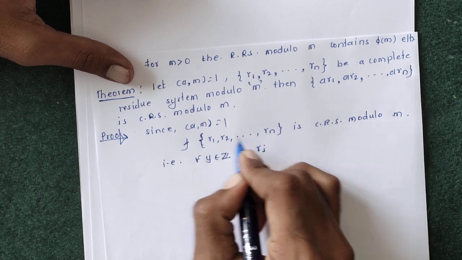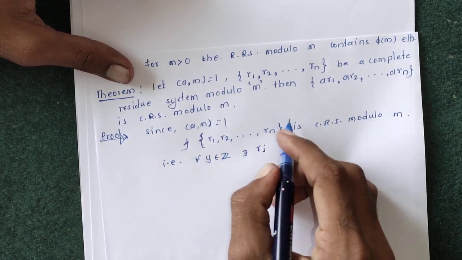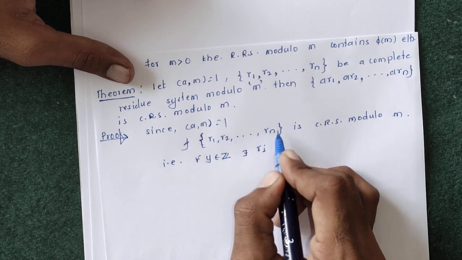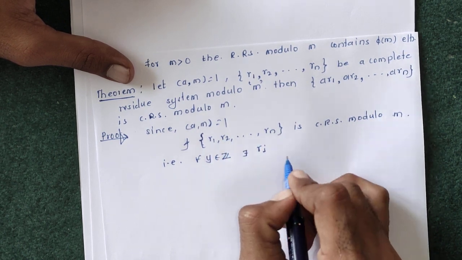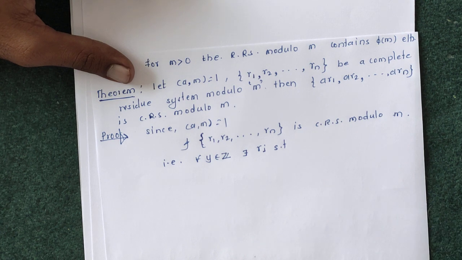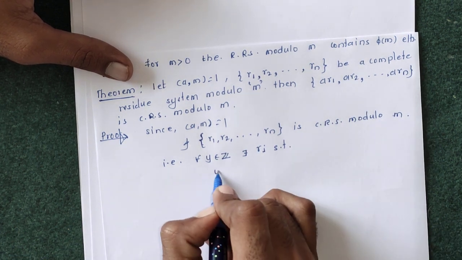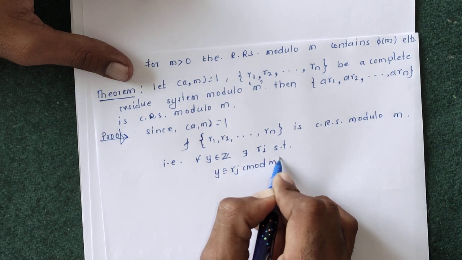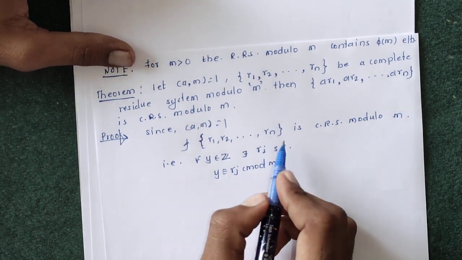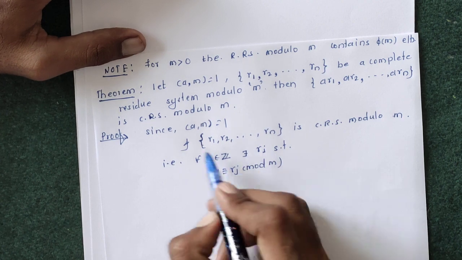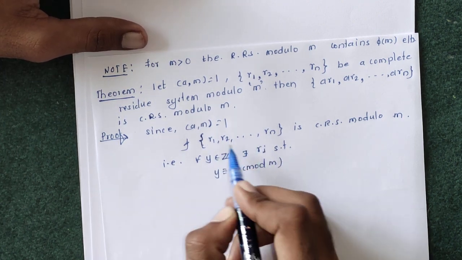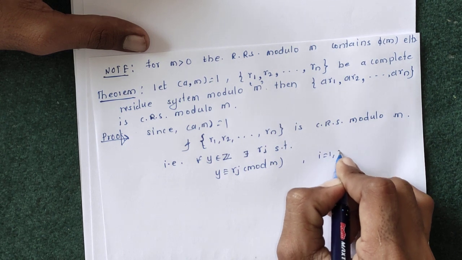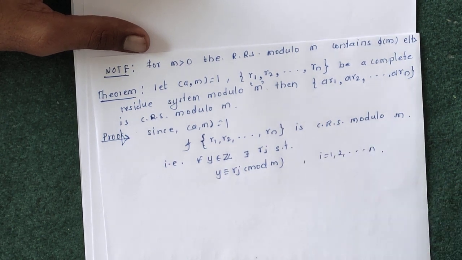Here rj is an integer in between this set. So there exists rj such that y is congruent to rj modulo m. If we divide any integer y by m, then we get the remainder, and that remainder must be from this set for i running from 1 up to n.